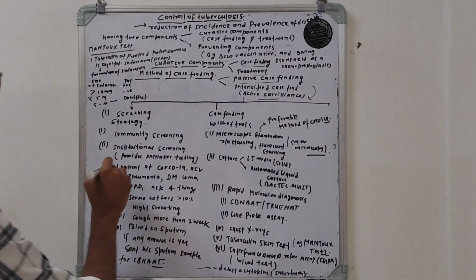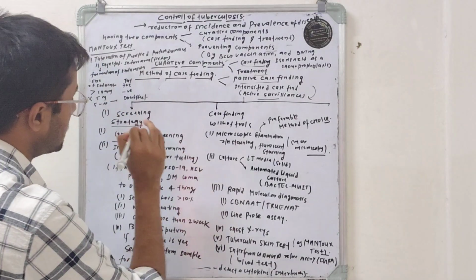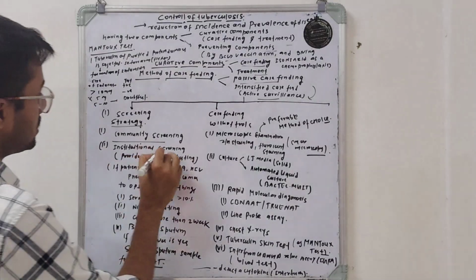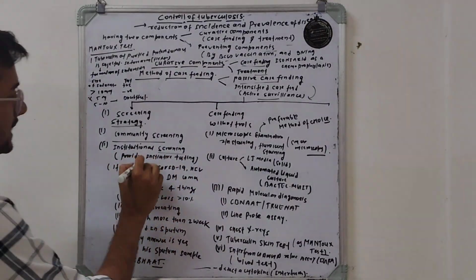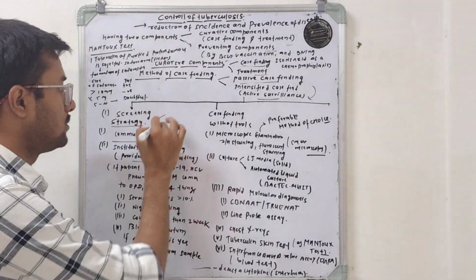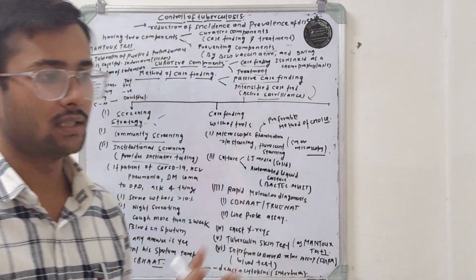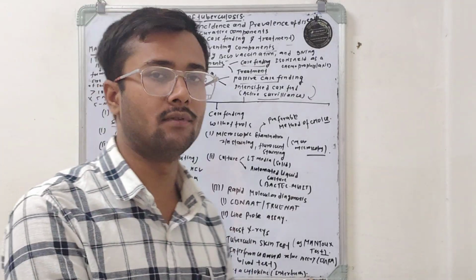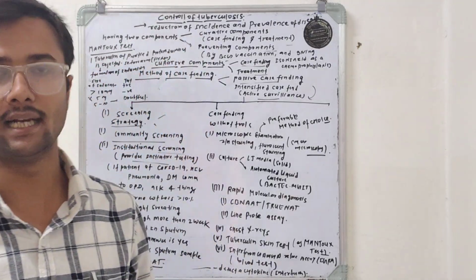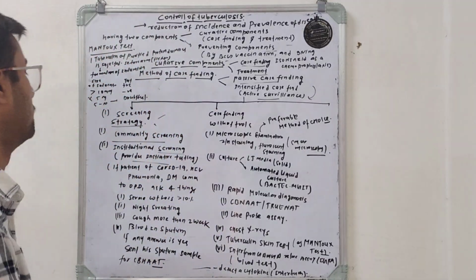So the first is the screening strategy. In the screening strategy, one is the community strategy and the other is institutional screening, also called provider initiative testing. In the community screening strategy, there are two ways. One way is that they send an invitation to the vulnerable population, and the next way is that they themselves visit the vulnerable population and take sputum samples.